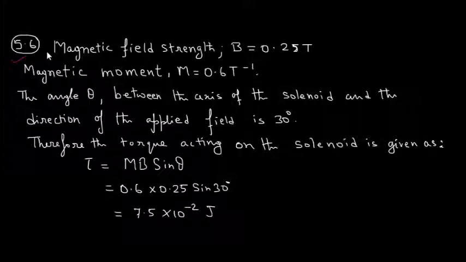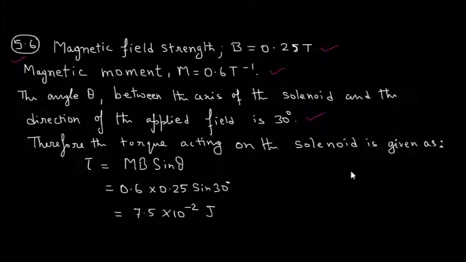So, solution of 5.6. Magnetic field strength B is given as B is equal to 0.25 T. Magnetic moment M is equal to 0.6 J/T. The angle theta between the axis of the solenoid and the direction of the applied field is 30 degrees.